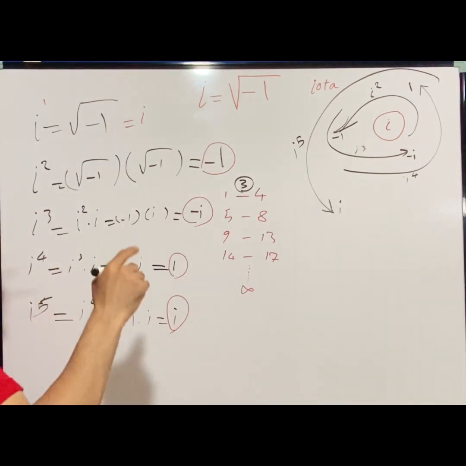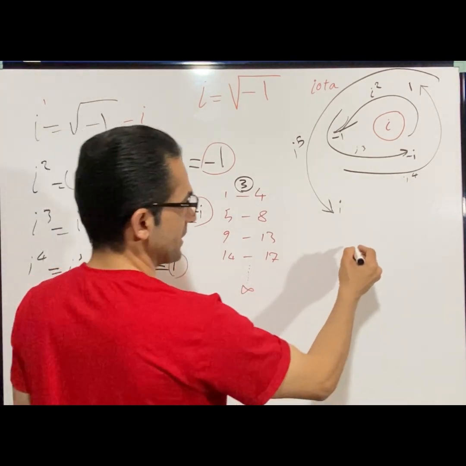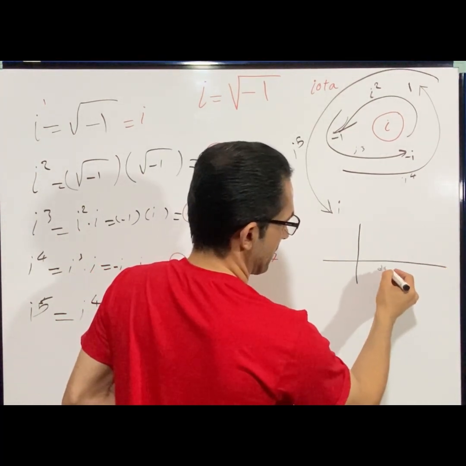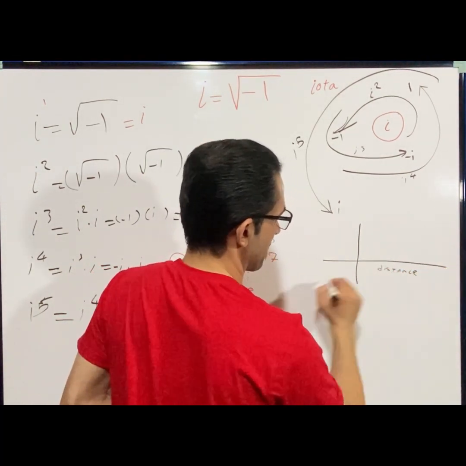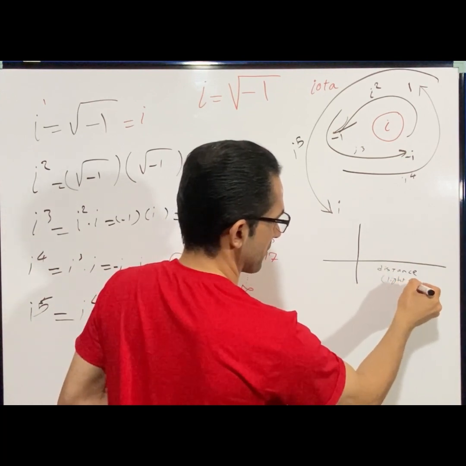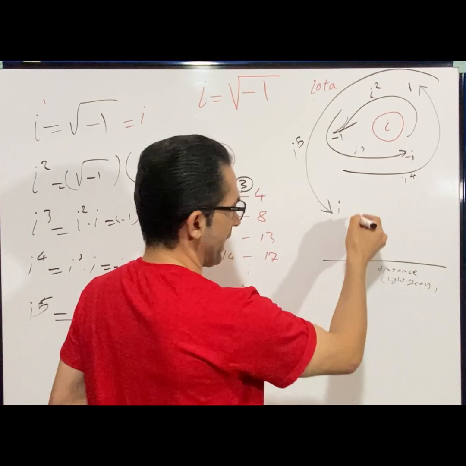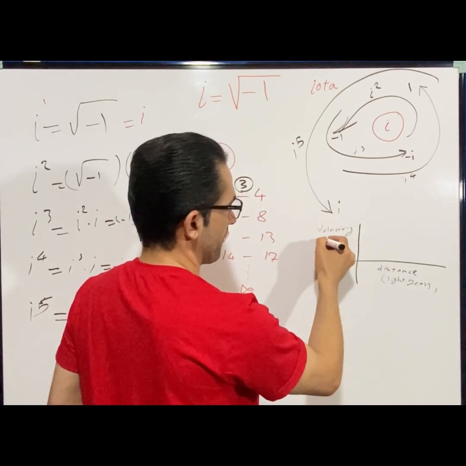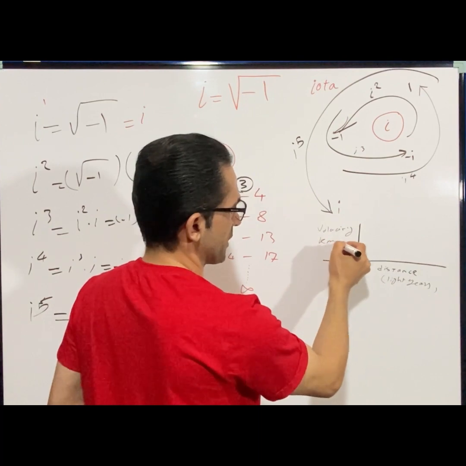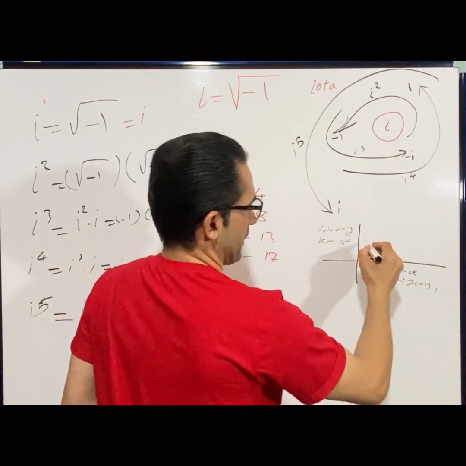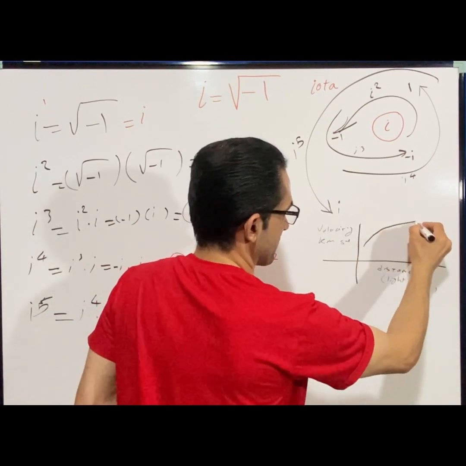If I graph the rotational curve of a spiral galaxy, distance based on light years and velocity in kilometers per second, it's something like this.